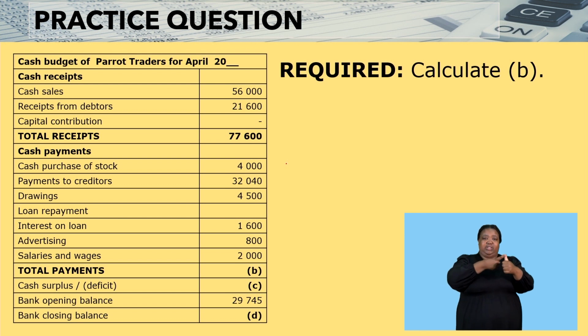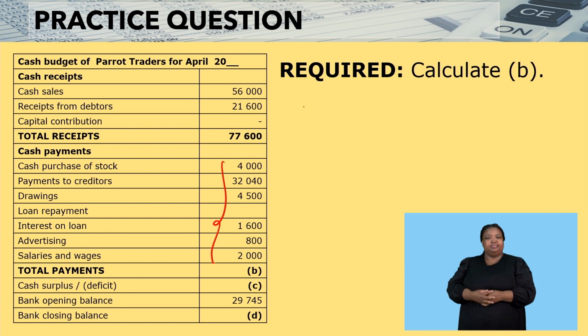Calculate B. B is total payments. To get total payments, I'm going to look at my payments section here. So I'm going to have my calculator and start adding.